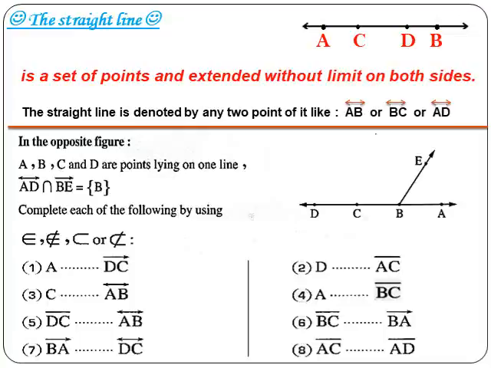Let's take examples to explain that. The first example asks about A. Look at my straight line; I put a red point on A. So what about ray DC? Ray DC starts from D to C, like that; that's my blue ray.